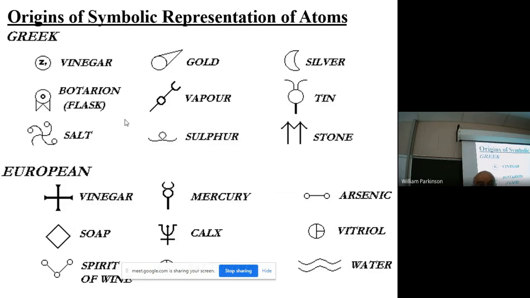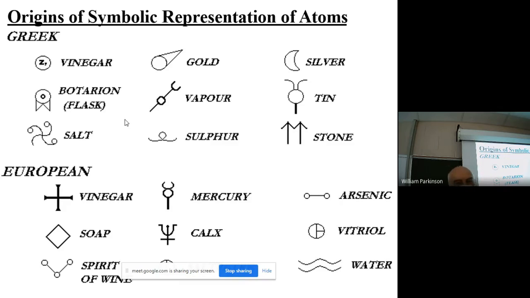Okay, so what I'm showing on this particular slide are some of the original symbolic representations that early studiers of materials used to represent various things. Now, I want you to first note that I have some Greek listed ones and I have some European listed ones.